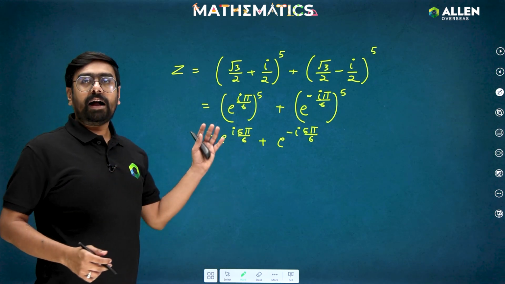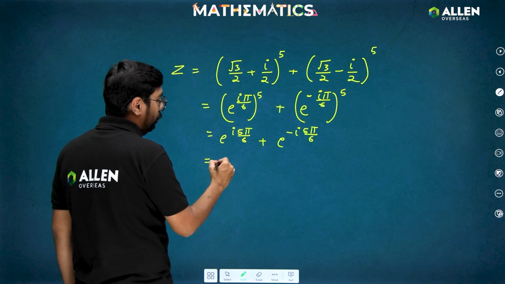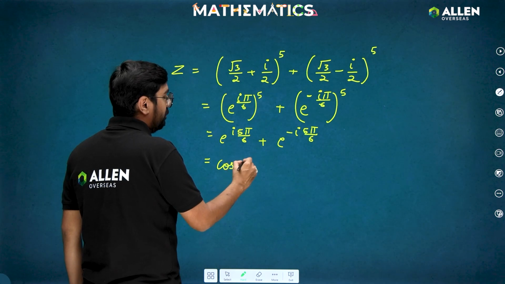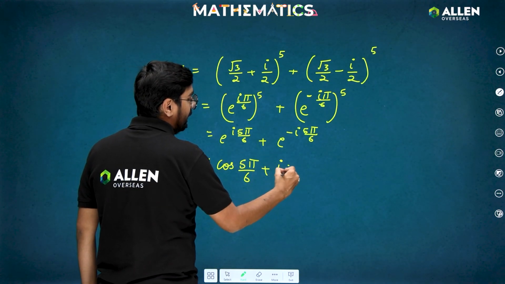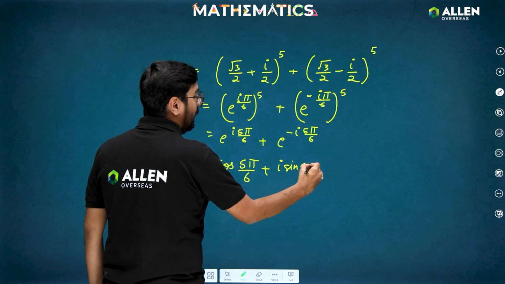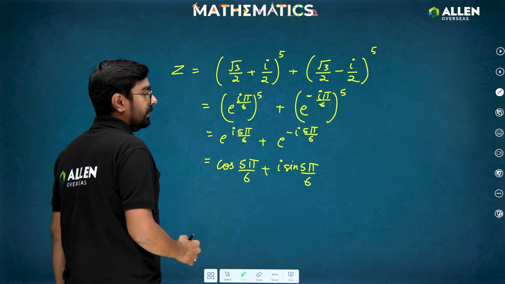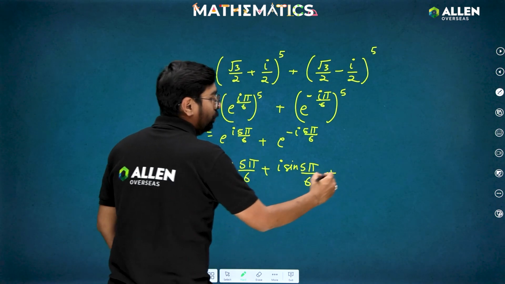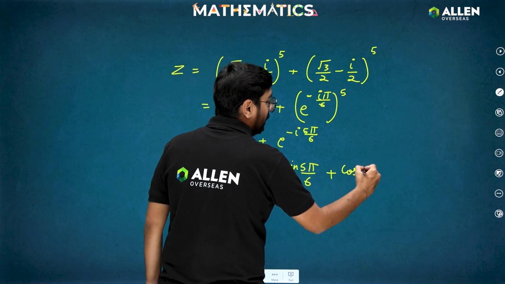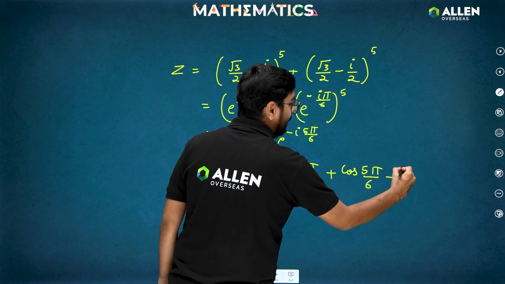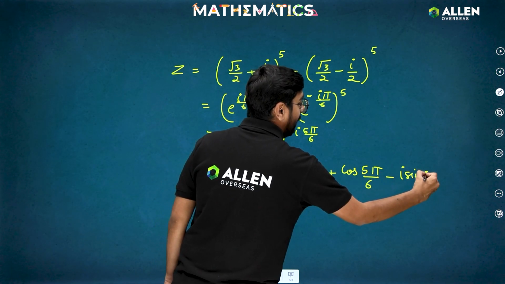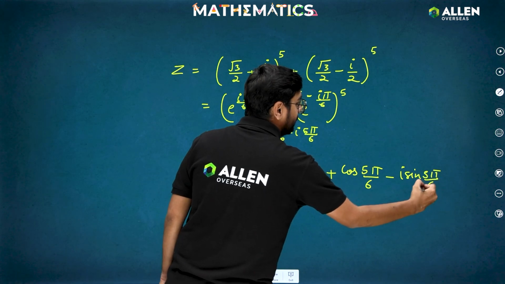And e to the power of i 5 pi by 6 will be equal to cos 5 pi by 6 plus i sin 5 pi by 6. And this part is going to be equal to cos of 5 pi by 6 minus i sin 5 pi by 6.